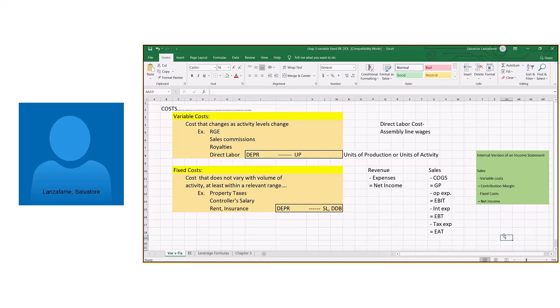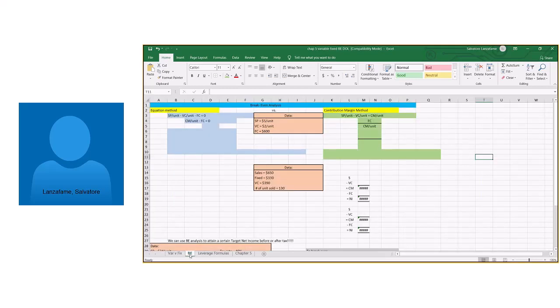And it's this style of income statement that sometimes is used when it comes to break-even analysis, which is a managerial type of thing. Okay? So speaking of that, let's jump to this other slide that I have here ready to go.